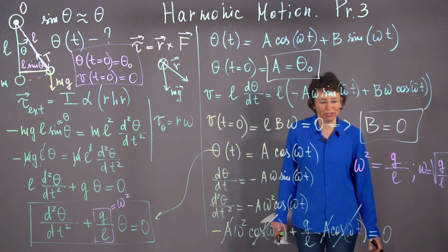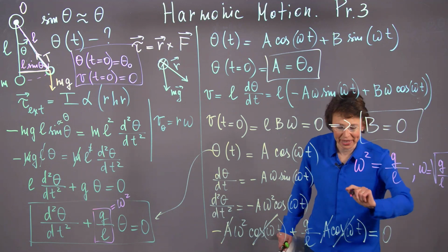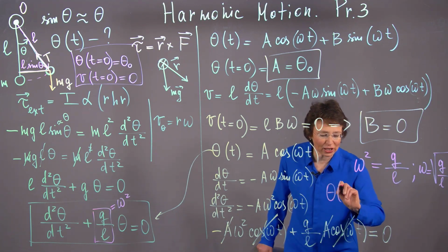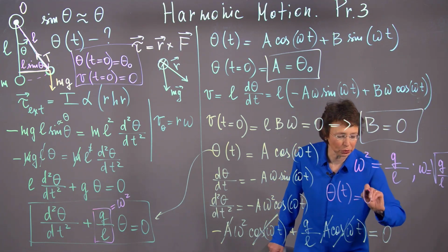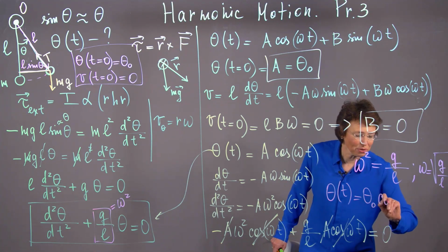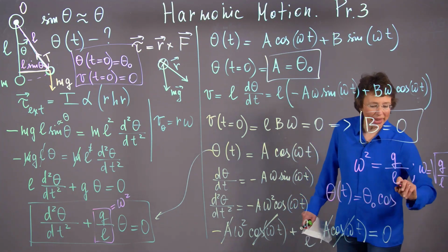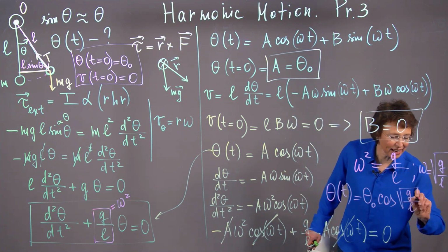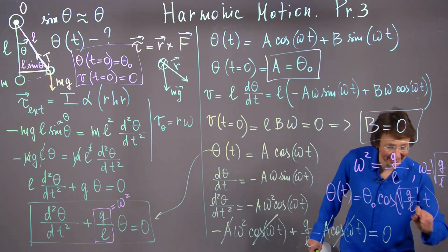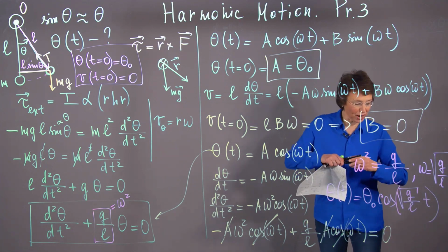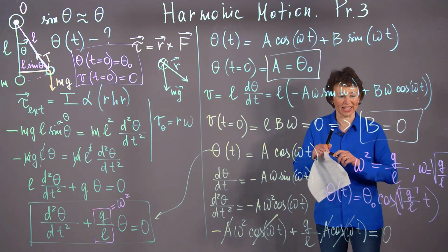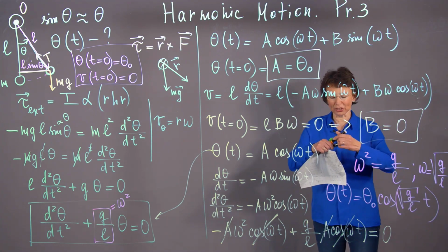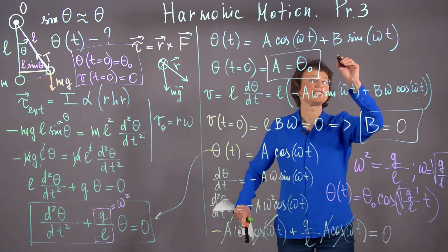Now we know everything. We know that theta as a function of time is equal to theta naught times cosine omega t, square root of g over L times time. And if we want to find the period of oscillations, I will write it right here.